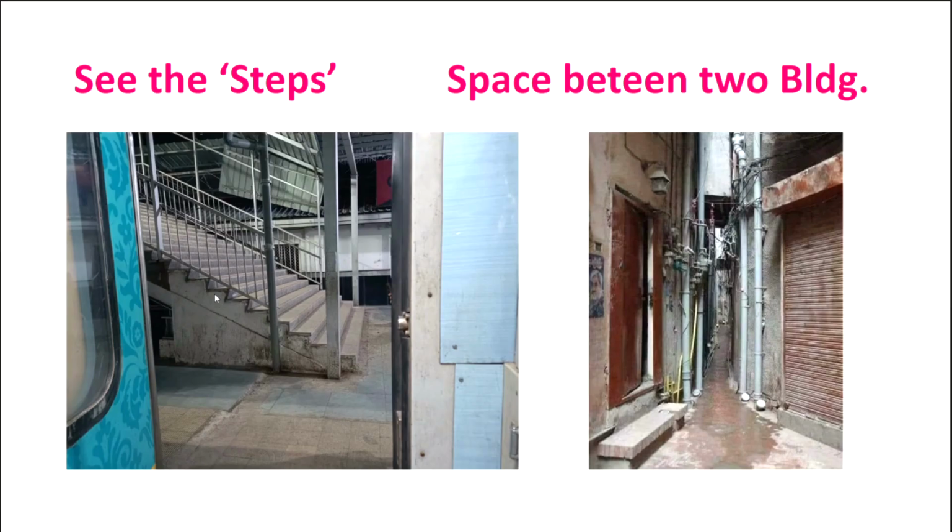Do you agree? Have you seen this particular photograph? Are you able to clearly see this? Participant? Yes, sir. Okay, so what could be the reason for this? What according to you could be the reason?